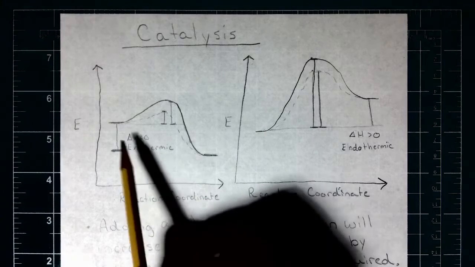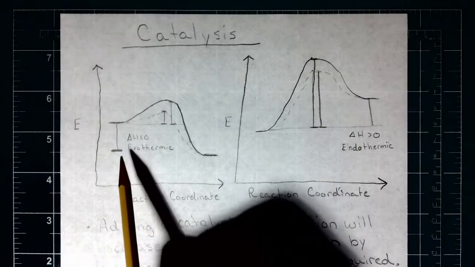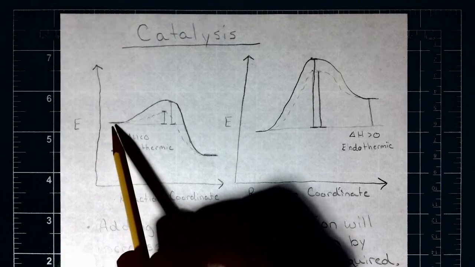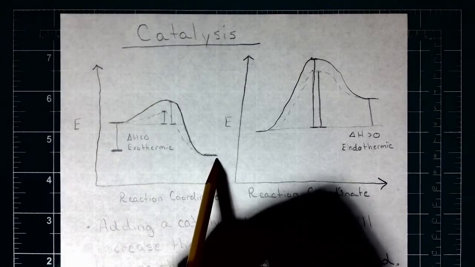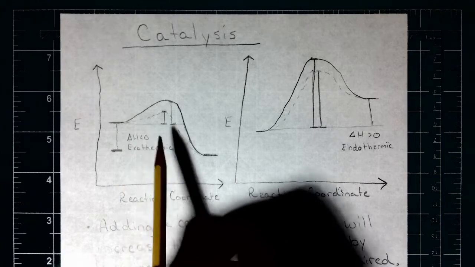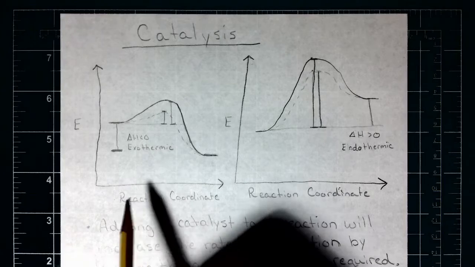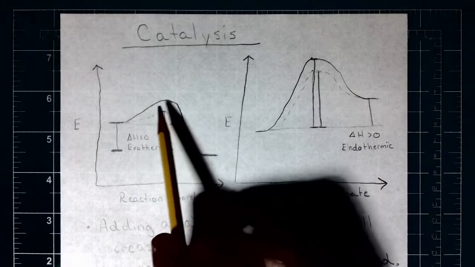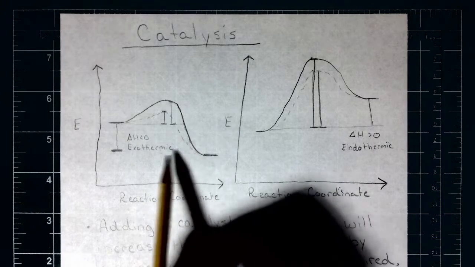So our products now have a lower energy than the reactants. That means that it's exothermic. The energy that was lost moving from the reactants to the products was released as heat, and that's what exothermic means.